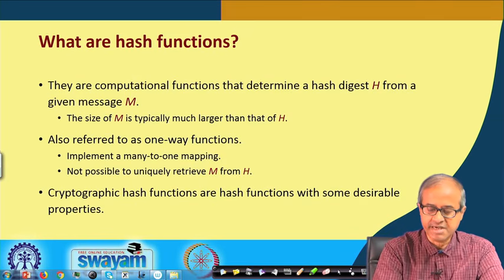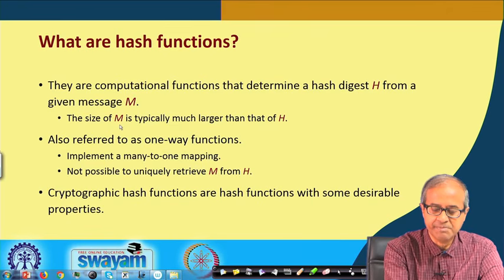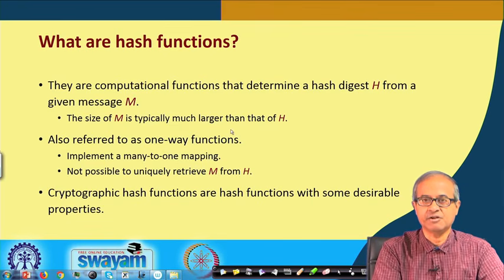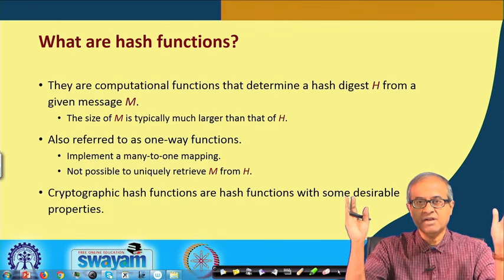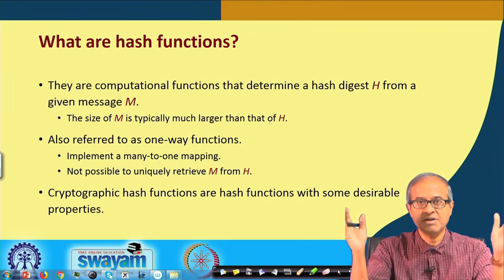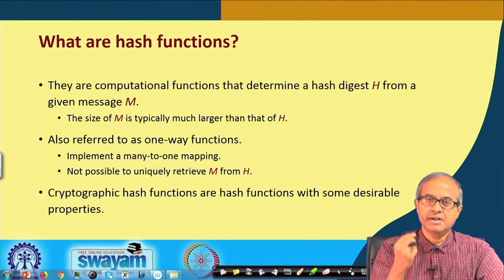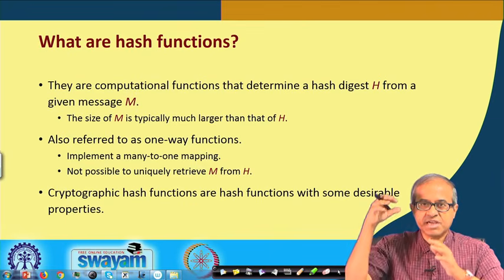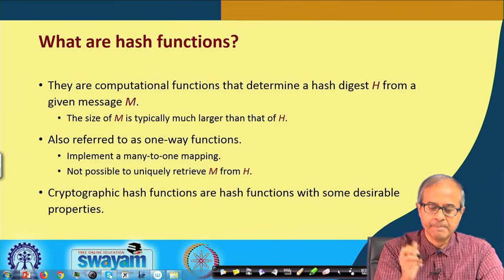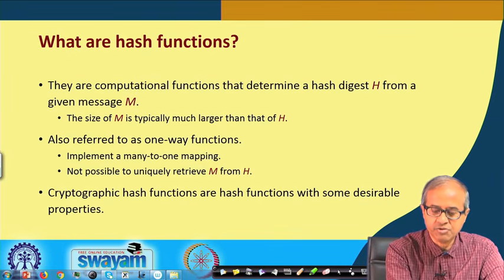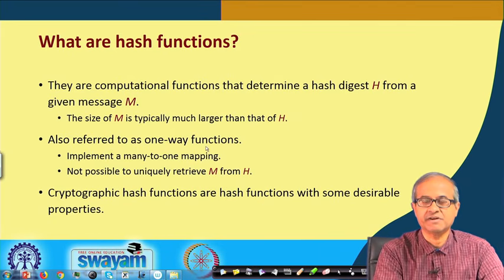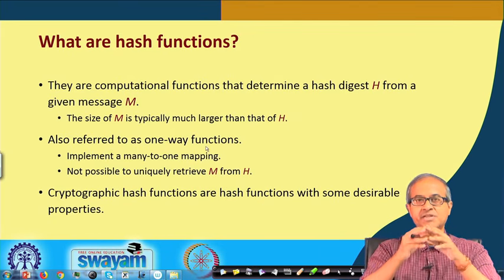Now, the point is that the size of m is typically much larger than that of h, which means we are converting a very large number into a very small hash digest. Because of this kind of many-to-one mapping, this kind of function is also sometimes referred to as a one way function. Why one way function?